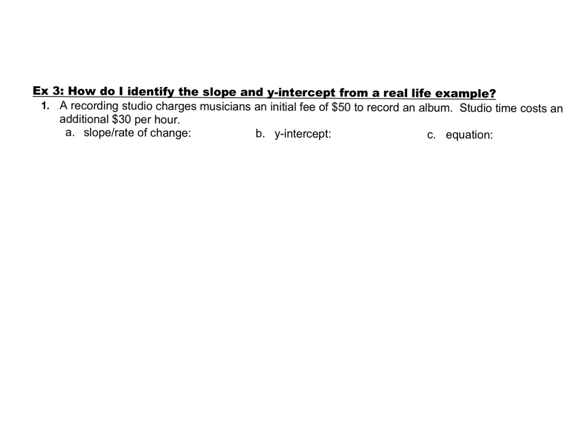All right, example number 3. How do I identify the slope and y-intercept from a real-life example? So it says that a recording studio charges musicians an initial fee of $50 to record an album. The studio time costs $30 per hour. So let's write this in an equation. We've got y is equal to, we're going to pay the initial fee of $50. We're only going to pay that once. And then we're going to pay the $30 per hour.